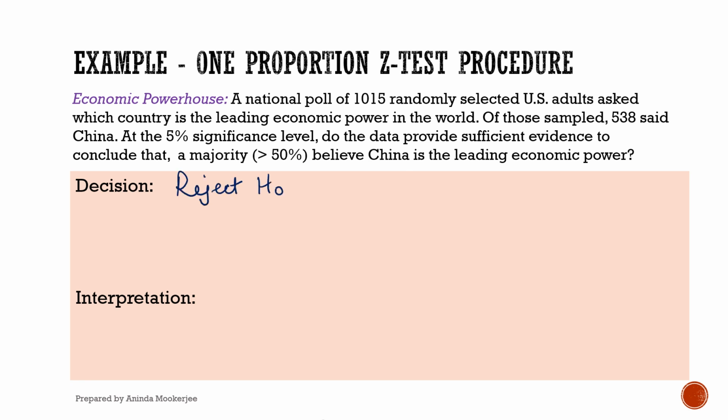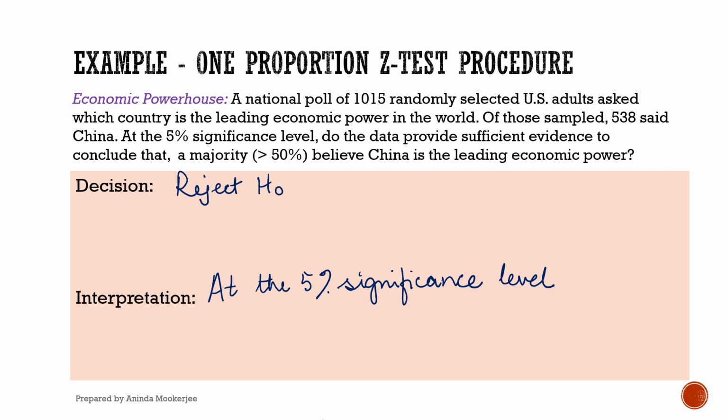The interpretation should be at the 5% significance level. Always start with the criteria you use, the criteria at which you perform the hypothesis test, at the 5% significance level. Now, because we rejected it, that means our evidence was strong enough to overthrow the null hypothesis proportion, right?